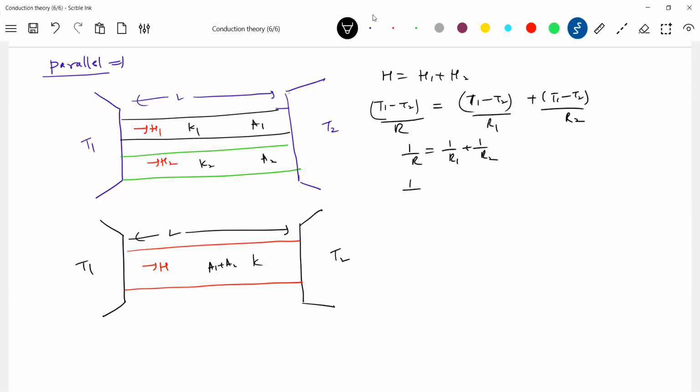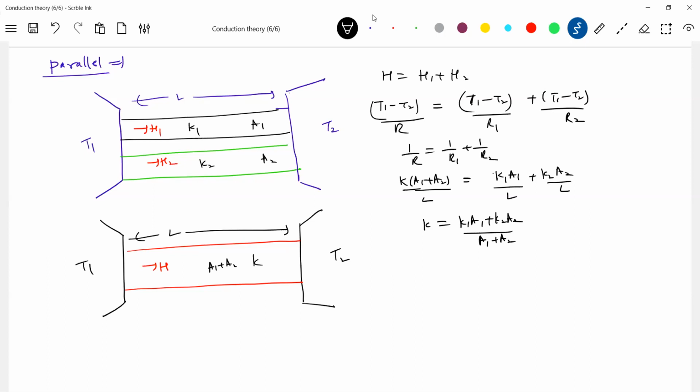Further, R we can write as L by K into A1 plus A2, and R1 is L by K1 A1, R2 is L by K2 A2, the thermal resistances. Therefore K is equal to K1 A1 plus K2 A2 by A1 plus A2. This is the effective thermal conductivity.